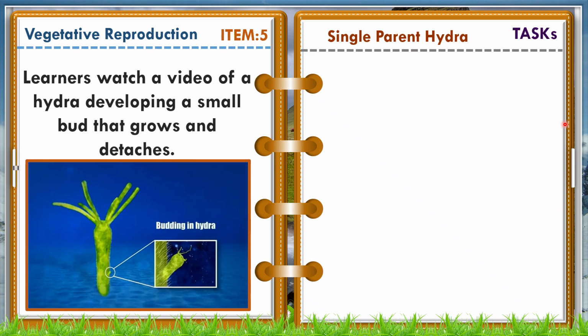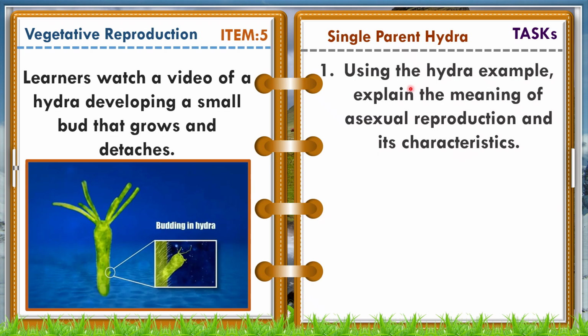Task: using the hydra example, explain the meaning of asexual reproduction and its characteristics.